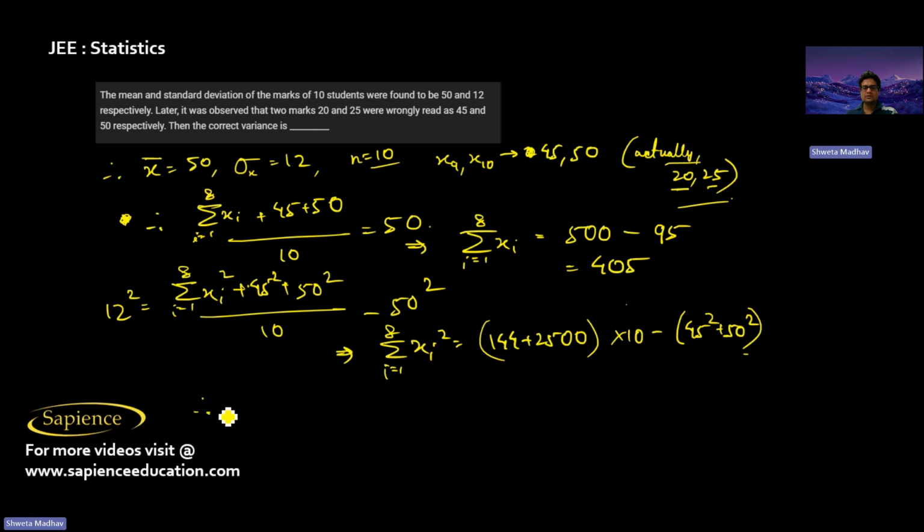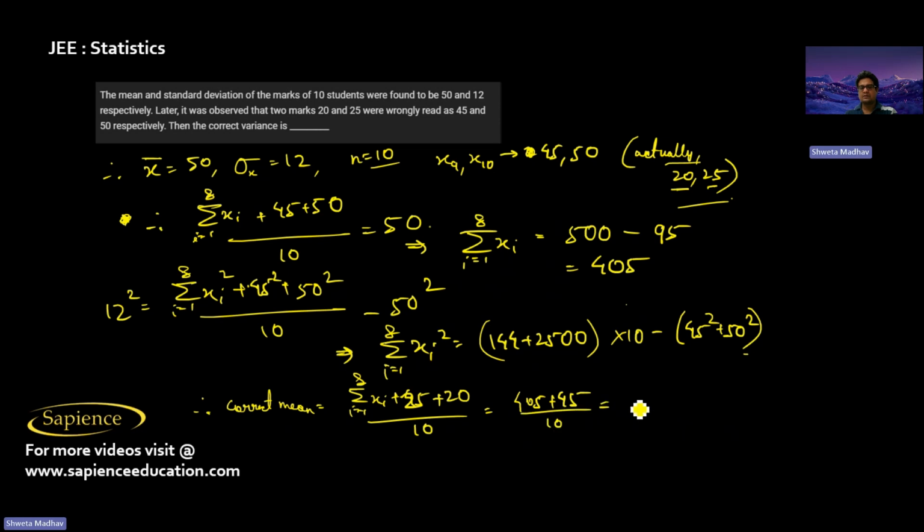Now, therefore, the correct mean is obviously summation xi, i goes from 1 to 8, plus 45 plus 25 plus 20, divided by 10. So this will be 405 plus 45 by 10.